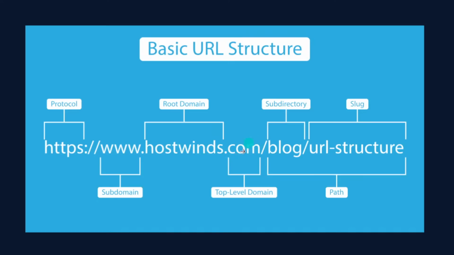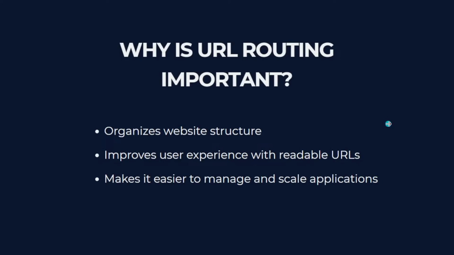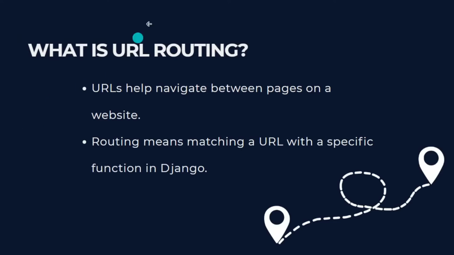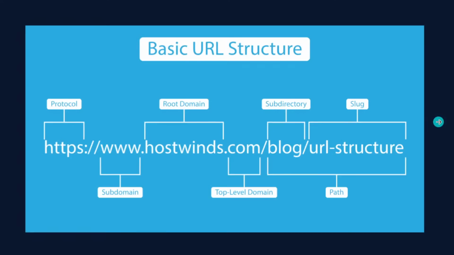And we need to locate the subdirectory. In this website we need to go into the blog, and inside the blog we need to go for URL structure. These are the basic URL structure.